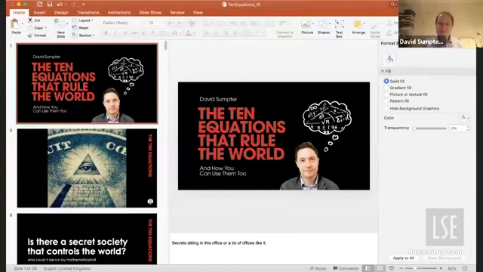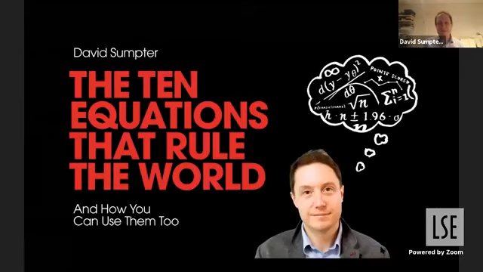But this book, The 10 Equations That Rule the World, was really a kind of realization about the powers that mathematicians have. I'm going to talk quite a lot about those secret powers, in a way. The idea of the book is to reveal those secret powers to you, because it's not only about how they're used, but also about how you can use them too.